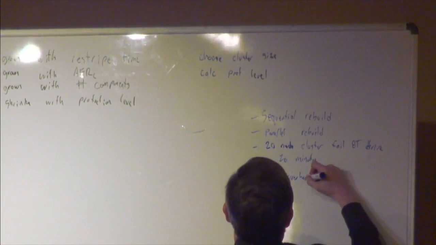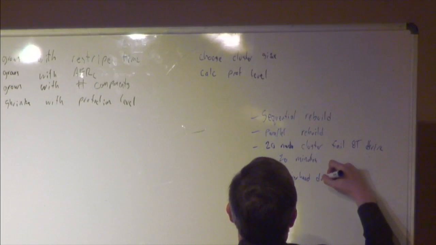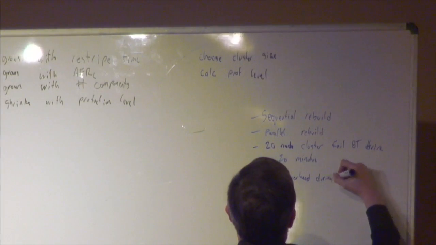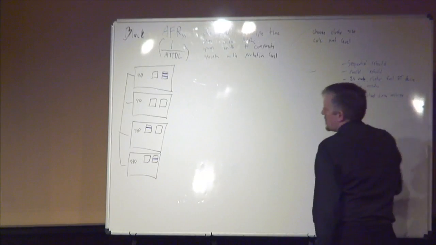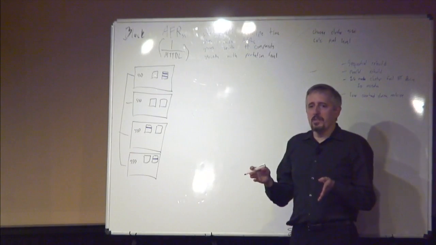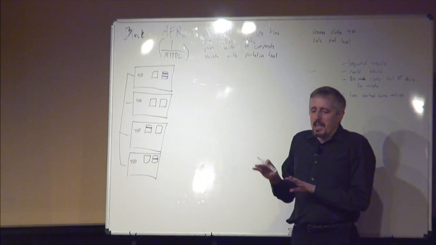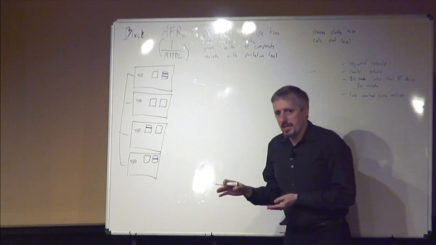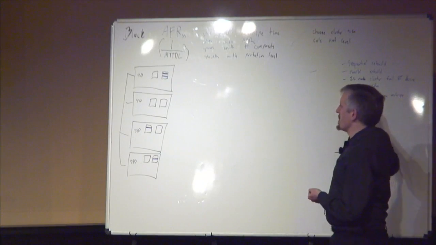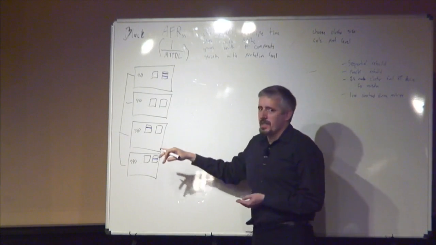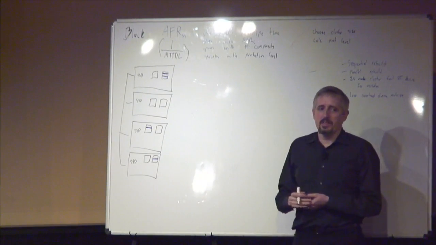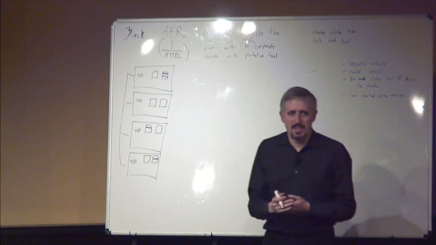What's the restripe time when you fail a node in a 4-node cluster? 3 or 4 days? It's actually about 4 hours. Or, yeah, it's some number of hours, and it depends just slightly, because we don't actually restripe data that isn't allocated. So if the cluster's half full, it'll restripe twice as fast.